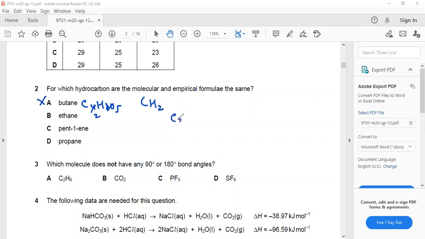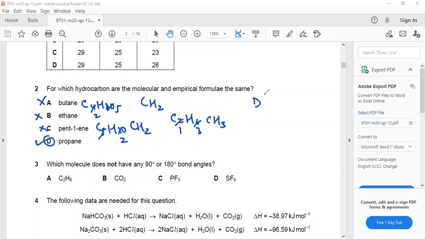Ethane, C2H6 is the molecular formula, CH3 is the empirical formula. B is wrong. This is also an alkene, pentene C5H10, and its empirical formula is CH2. C is wrong, so obviously D is the answer.